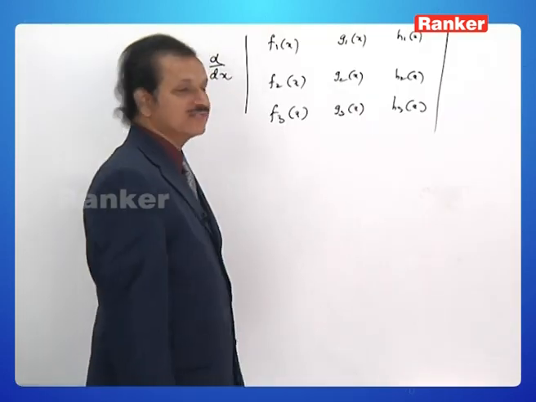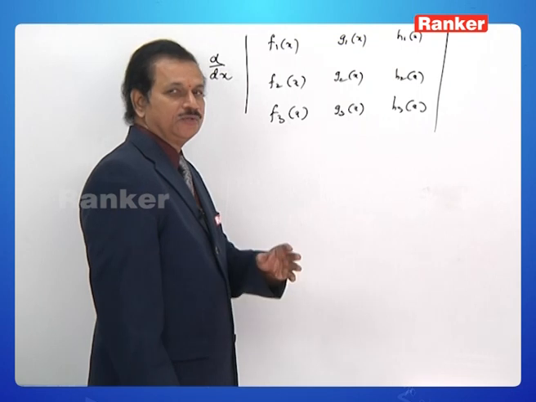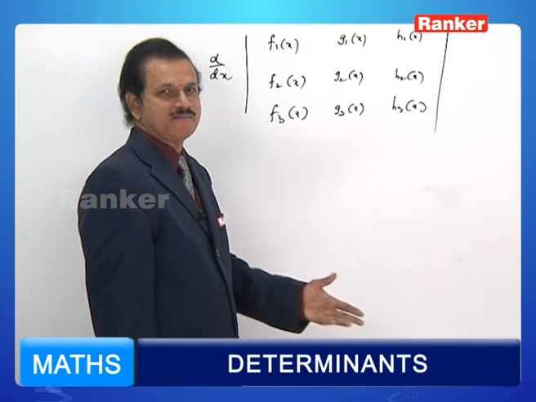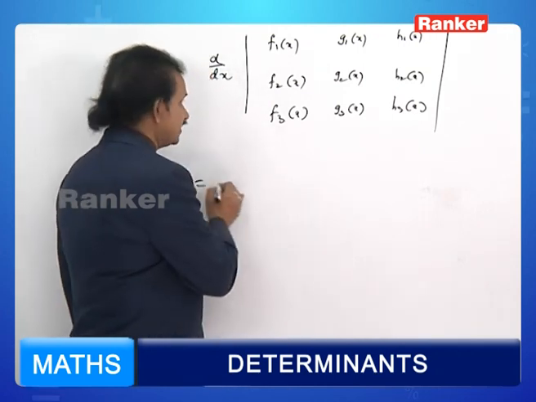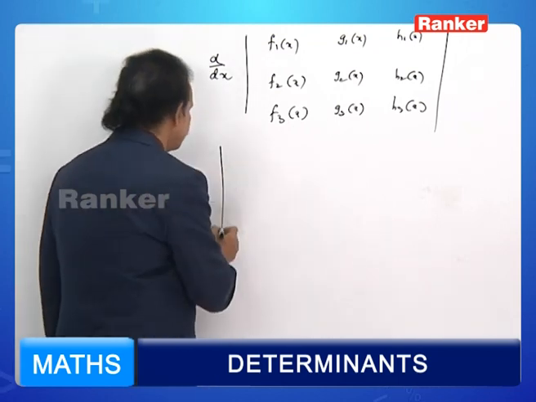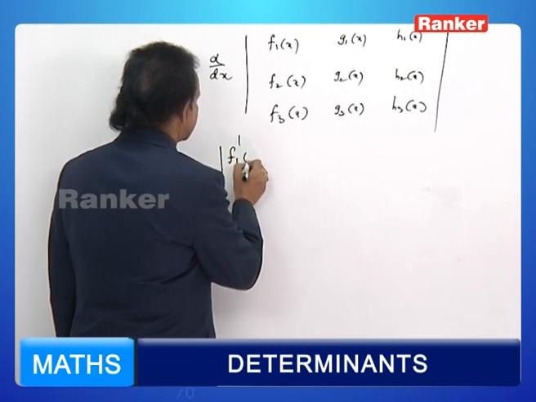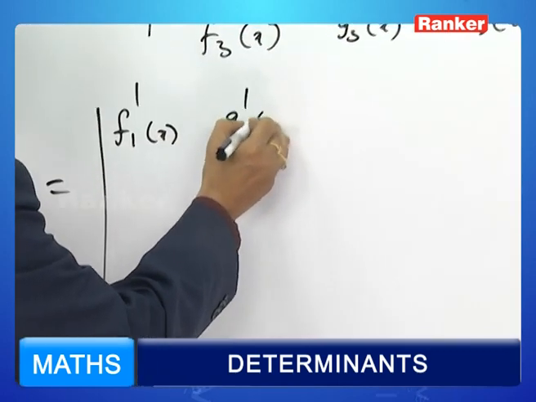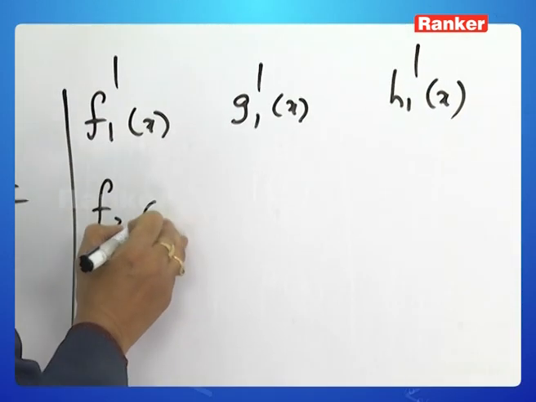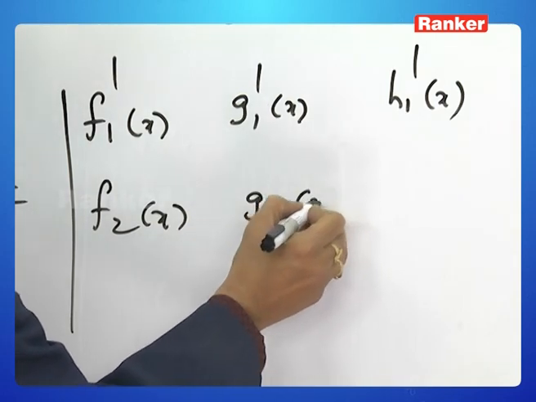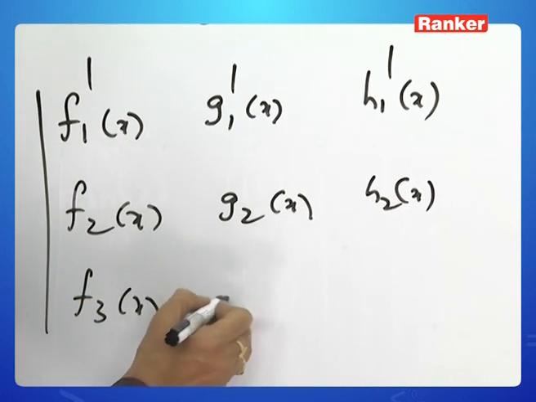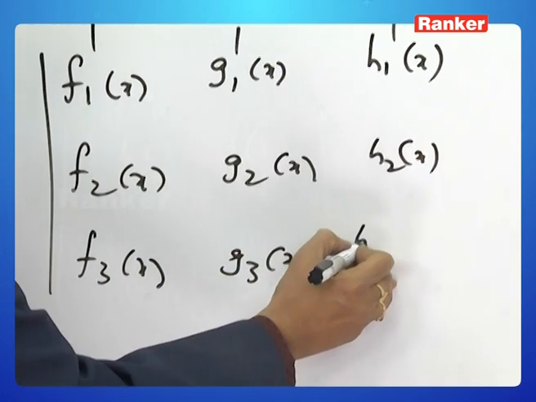We want to have the d by dx of this. You recollect the style which we have adopted in the previous problem. This is now the sum of three determinants. What are they? Number one, f1 dash of x, g1 dash of x, h1 dash of x, f2 of x, g2 of x, h2 of x, f3 of x, g3 of x, h3 of x.